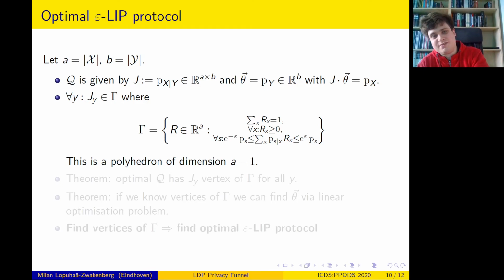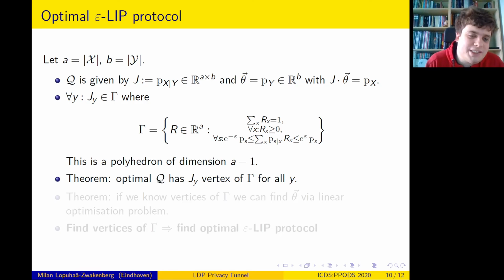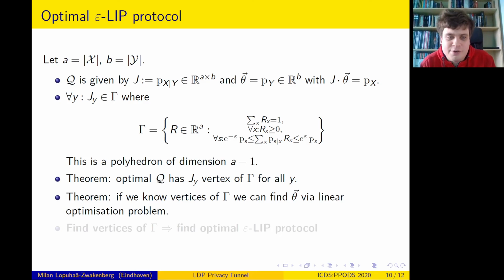And from that we get a theorem, which I'm not really going to explain now, that if you want the optimal Q, then in fact this JY doesn't only have to be an element of gamma, but it has to be a vertex of gamma. And then if we know the vertices of gamma, then we can find theta and J via a linear optimization problem.